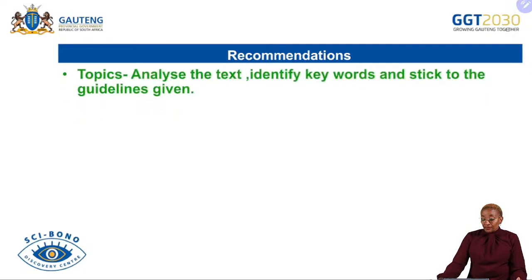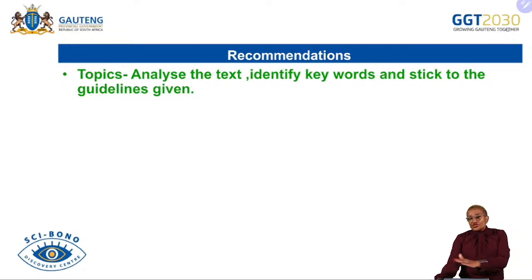Right. Let's have a look at our recommendations regarding section C, which is our shorter transactional piece. The first thing you need to do is not just applicable to section C; you need to do it across sections: section A, which is your essays, section B, longer transactional text, as well as section C, shorter transactional text.